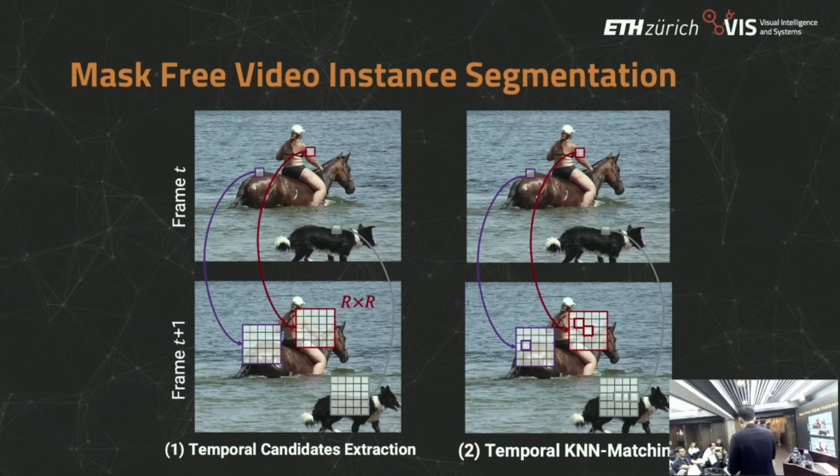Then we assume that across the frames, if two patches are similar, they should have similar semantics. For example, if the patch is a horse, then in the next frame it should still be a horse. And if the patch is a person, then in the next image it should still be a person. Then we can use this as a supervision signal. So in the process, we do not need any human labeling.